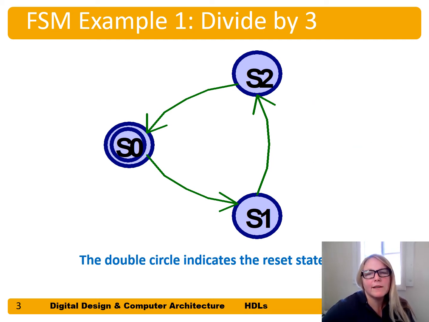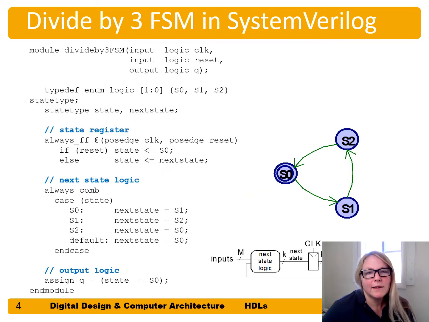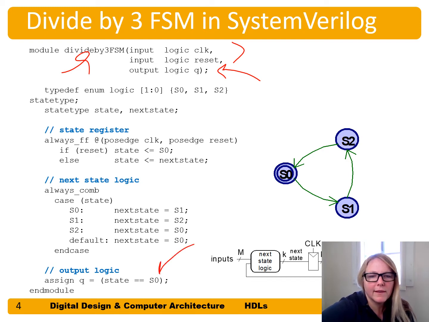So let's see how we take this state transition diagram and turn it into an FSM in hardware in SystemVerilog. Here we have our module name, divide by 3 FSM. We have inputs, clock and reset always, and a single output, Q, that's going to assert every 1/3 in the end state. In this FSM, it asserts in S0.